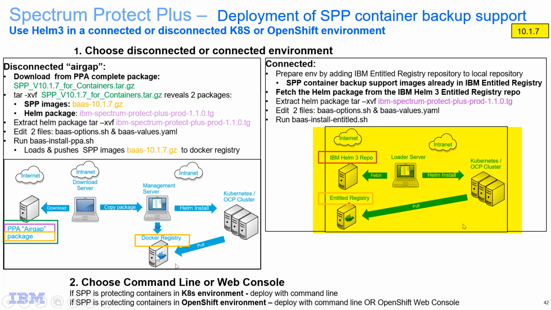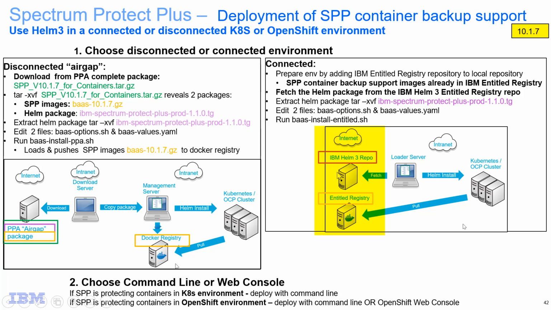The other option would be a connected environment, where the Kubernetes or OpenShift environment will connect directly out to an existing IBM Helm repo server. So this is already existing, already set up by IBM.